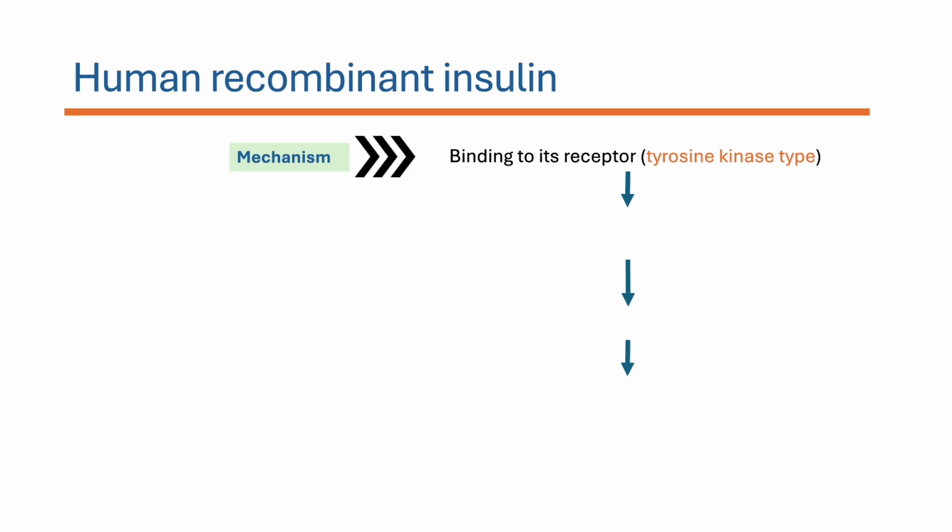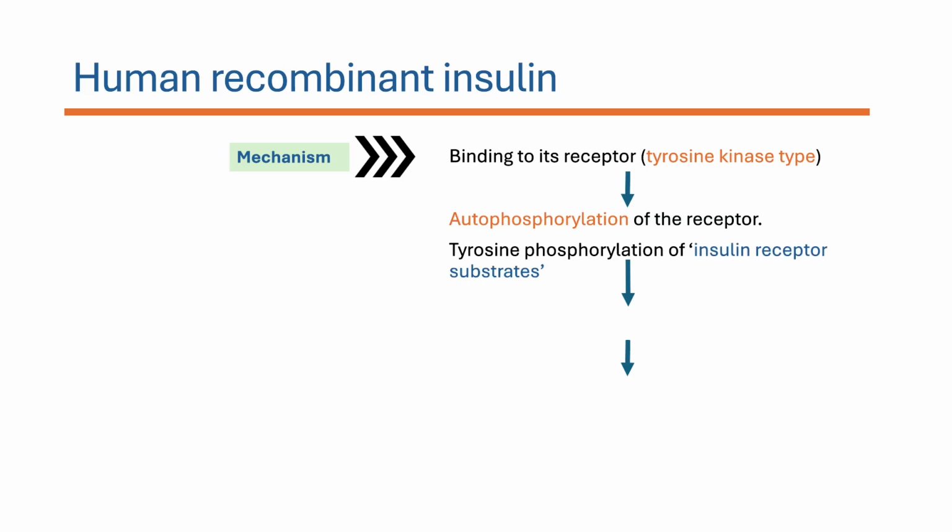So basically the insulin will bind to the insulin receptor, also called the tyrosine kinase type receptor, which is present on the cells of the muscular tissue, where it undergoes autophosphorylation.